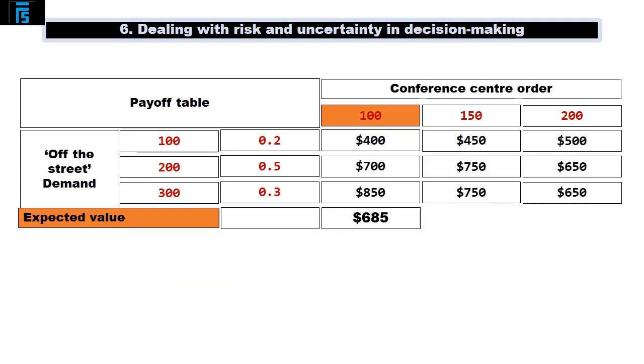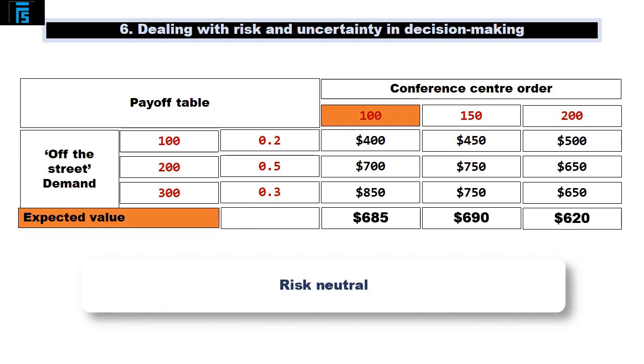We said that the expected contribution was maximised when Jack agreed to supply 150 sandwiches a day to the conference centre. This assumes he is risk neutral and is willing to base his decisions on the average outcome.